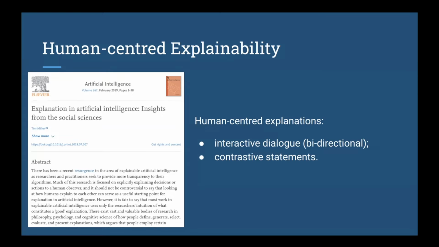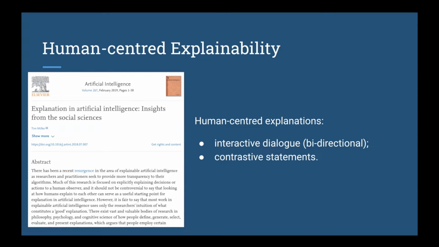This paper is quite lengthy, but the two key takeaways for me are that explanations tend to be interactive dialogues as opposed to one-directional offloading of information onto the explainee. So it's more of a bidirectional conversation rather than just stating facts. And also humans tend to prefer contrastive statements.